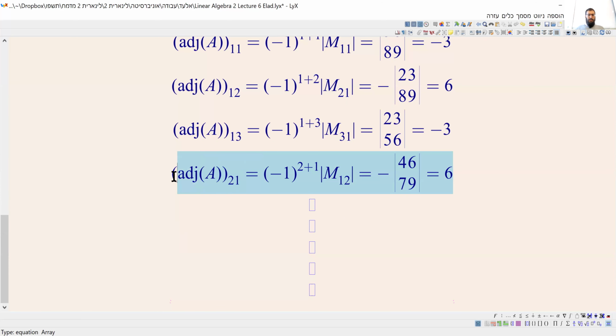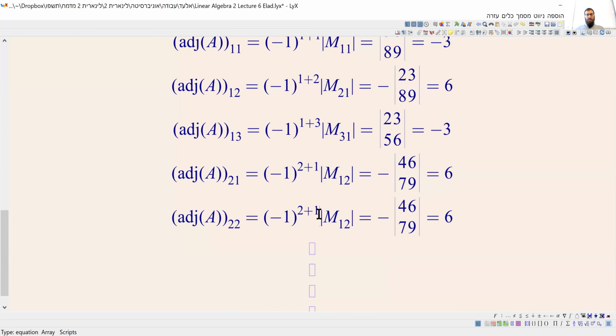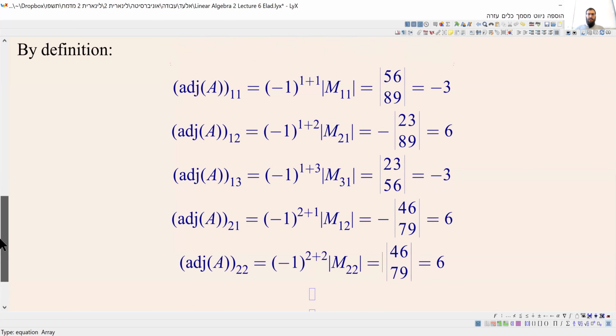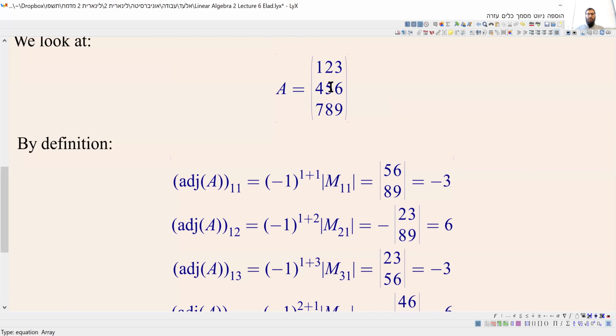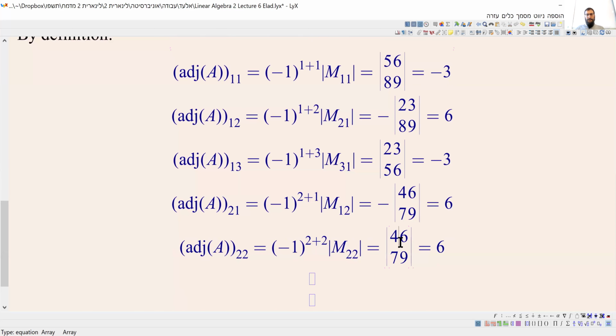When we finish the next one, we've already done more than 50% of our work. So, adjugate 2, 2 is minus 1 to the power of 2 plus 2, we know 2, 2, 2. First of all, it's plus. Secondly, deleting the second row and the second column leaves us with 1, 3, 7, 9, which is, as far as I can tell, minus 12, right?